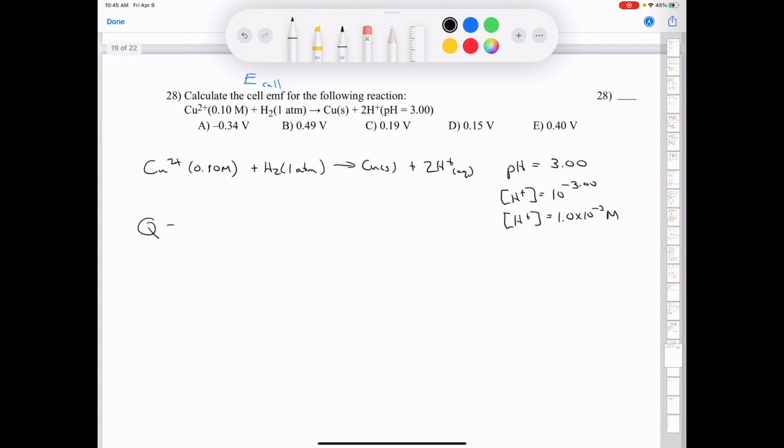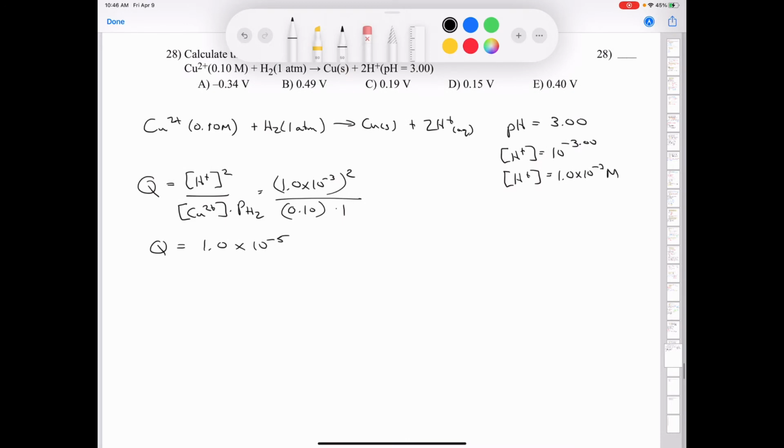So Q is going to be equal to the concentration of H+ ions squared divided by the concentration of copper 2+ ions multiplied by the pressure of H2, which is 1.0 times 10 to the negative 3 squared divided by 0.10 multiplied by 1, and I get that my Q is equal to 1.0 times 10 to the negative 5. Good enough.